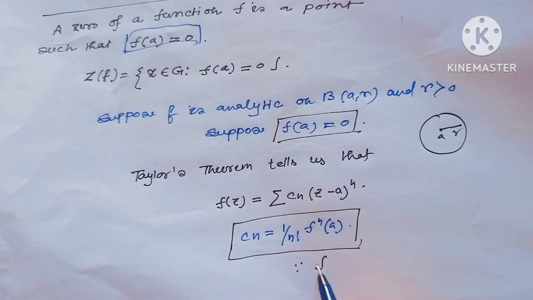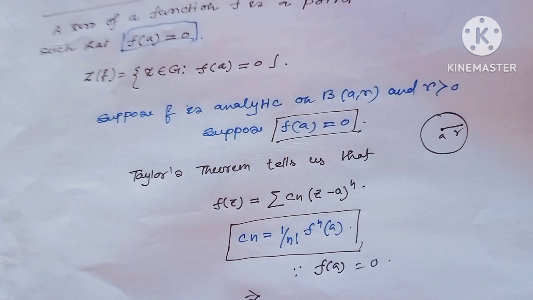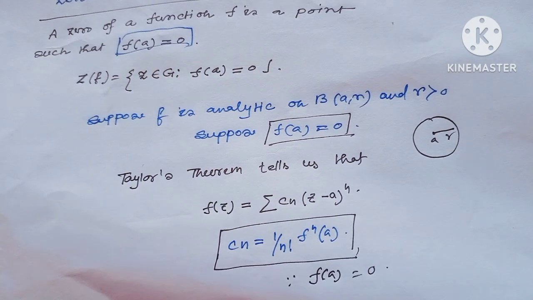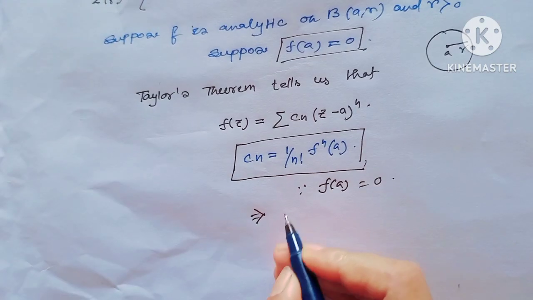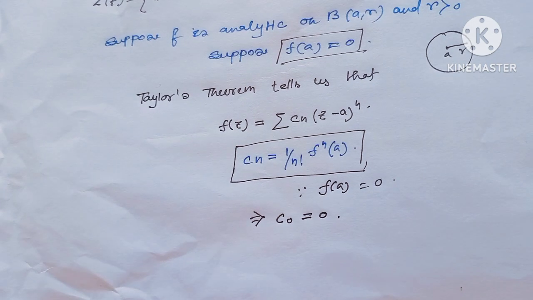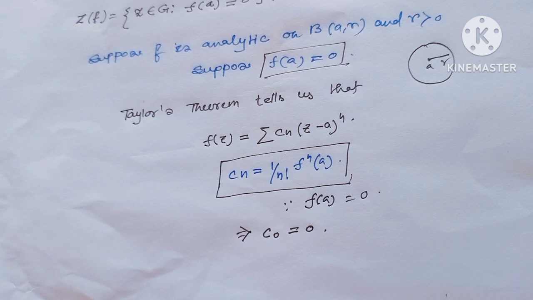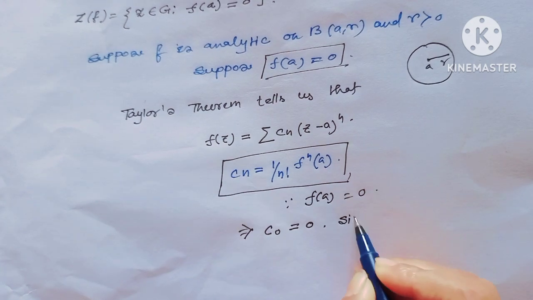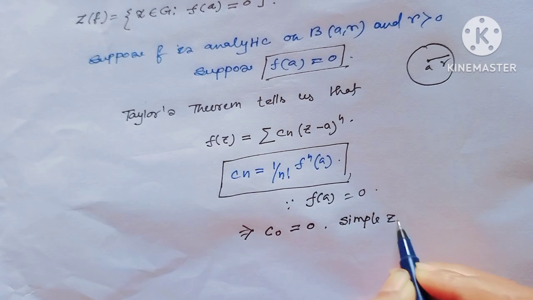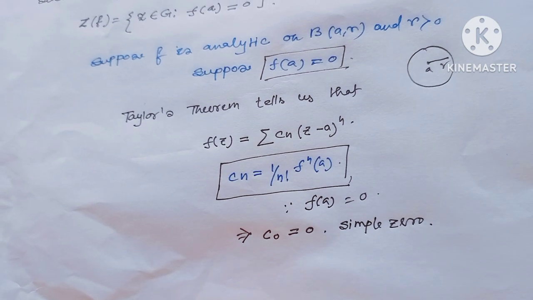Since f(a) = 0, that implies c_0 = 0. That means the point a is a zero of the analytic function, and this is called a simple zero. And two cases arise.